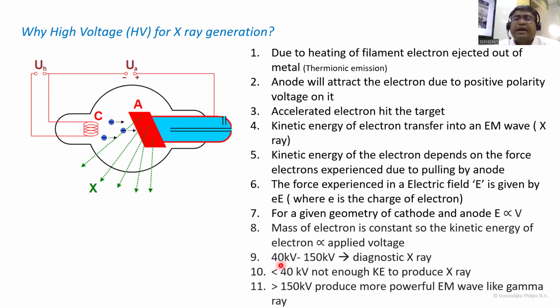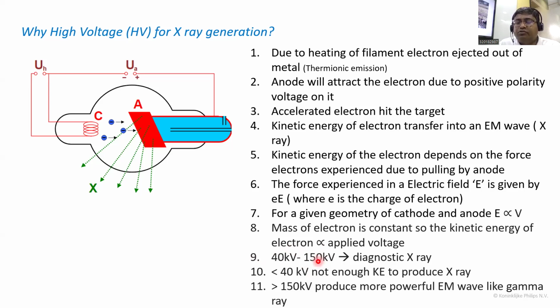We see that 40 kilovolt to 150 kilovolt is the operating voltage of any X-ray device used for human diagnostics purposes. Anything below 40 kV will not result in X-ray, which means it cannot penetrate the human body.